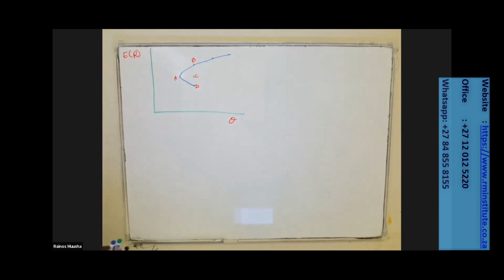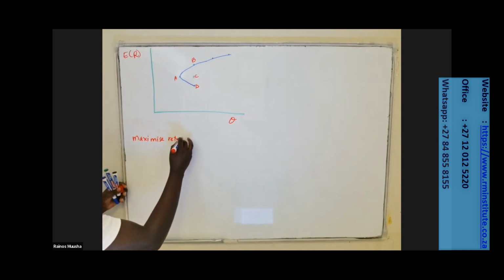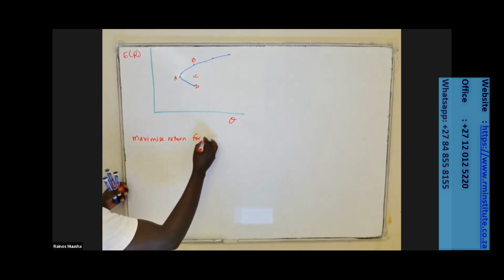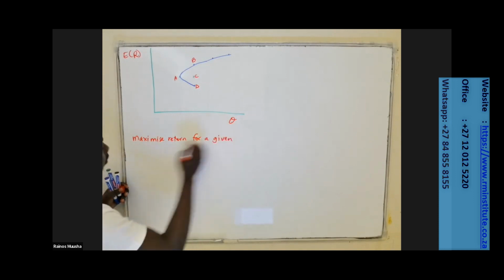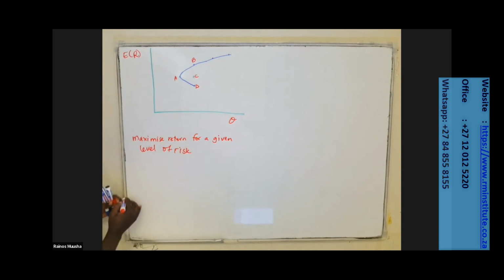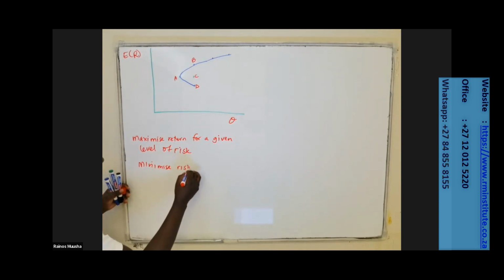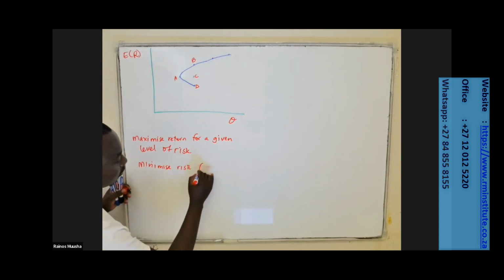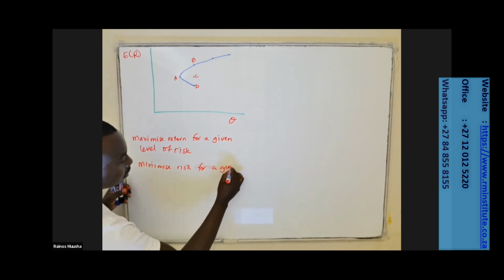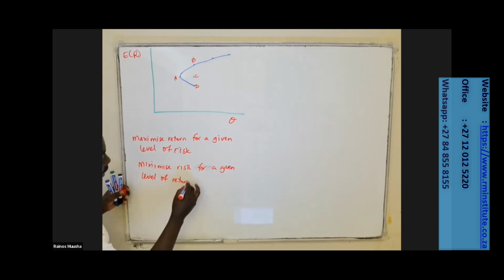Remember what we said, when it comes to the risk and return relationship with investments, you want to maximize the return for a given level of risk, and you want to minimize risk for a given level of return.